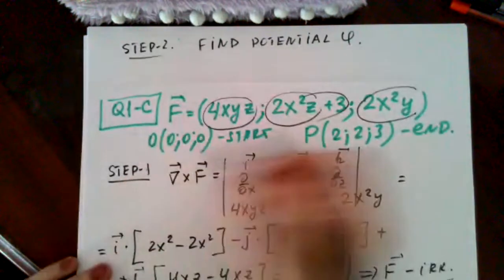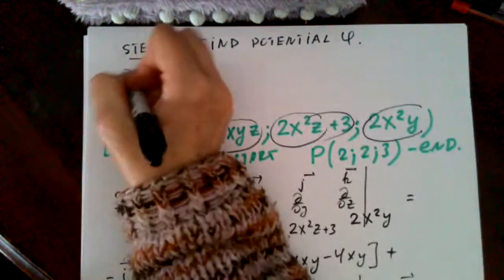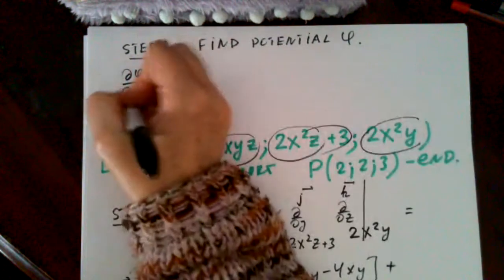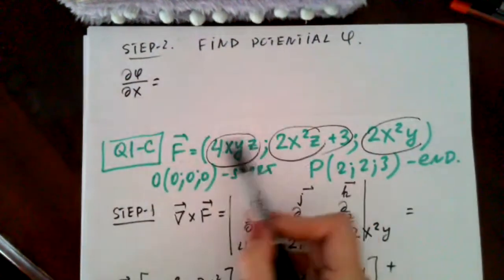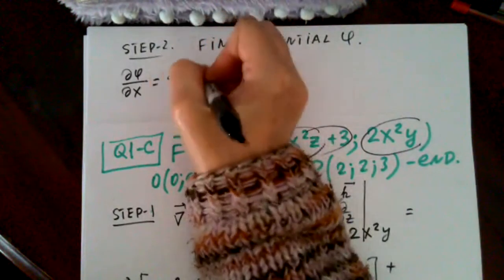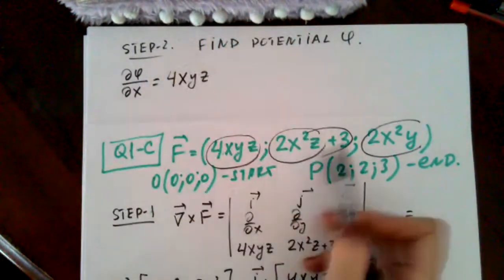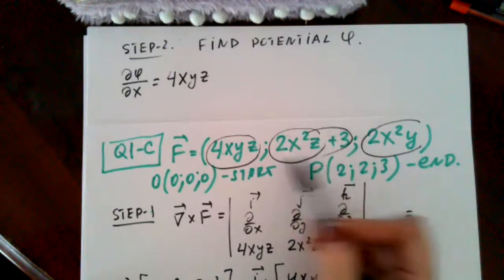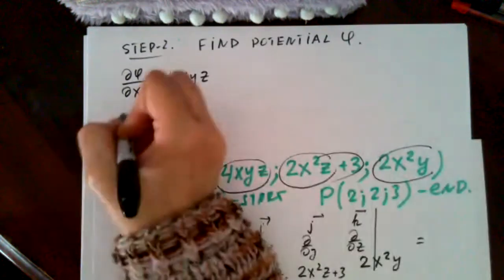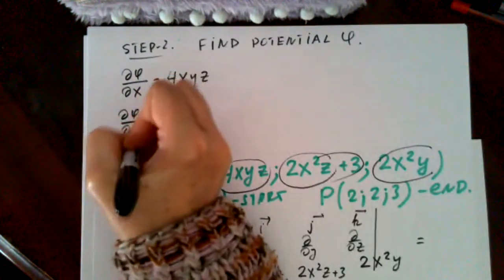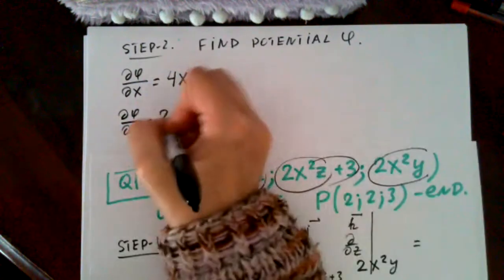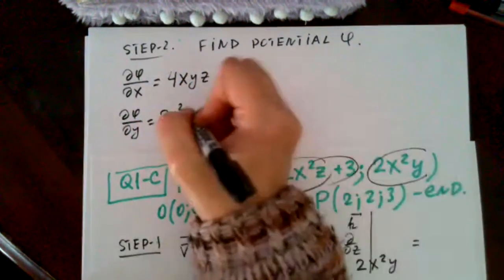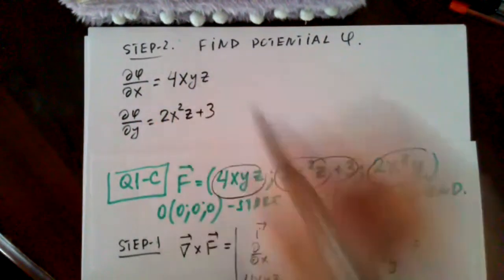So let's rewrite our given information. d phi over dx is actually equal to the first component P, which is 2xyz. The second component, we usually denote it as Q, but in this case, it will be d phi over dy. So we just copy it here, 2x squared z plus 3.